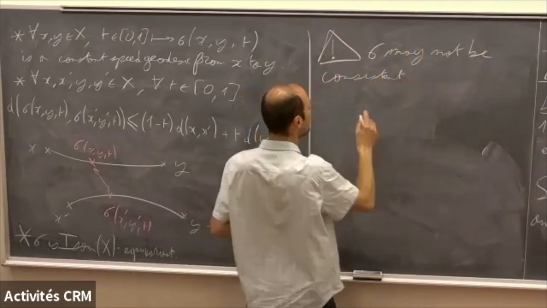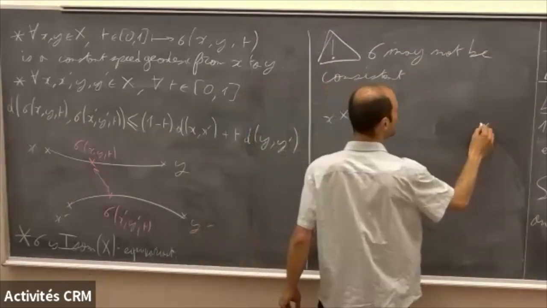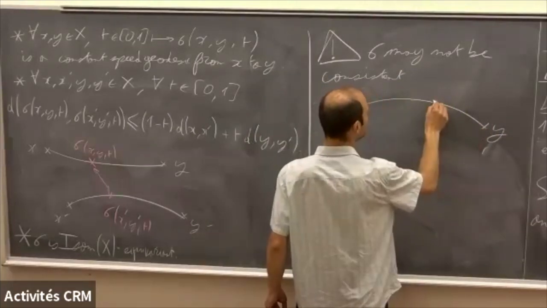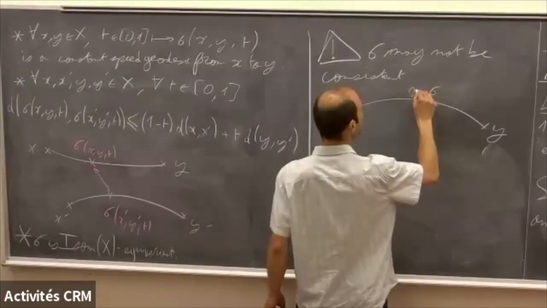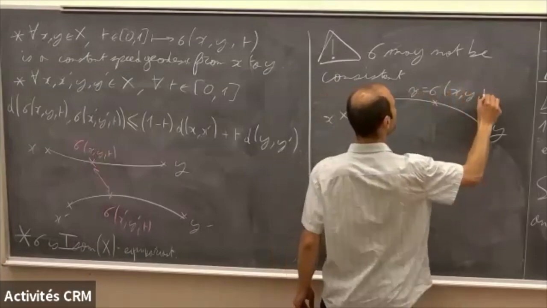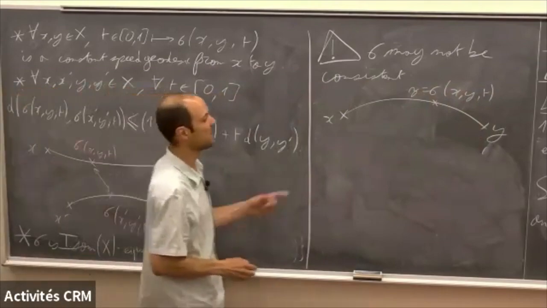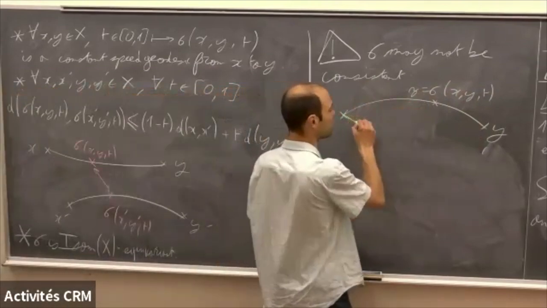So if you have two points X and Y, and you look at sigma of X, Y, and say you have Z, which is sigma of X, Y, t, then you would like to say that the sigma path between X and Z is the restriction, but it may not.